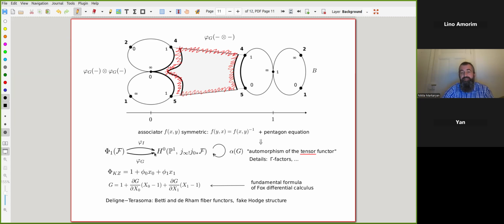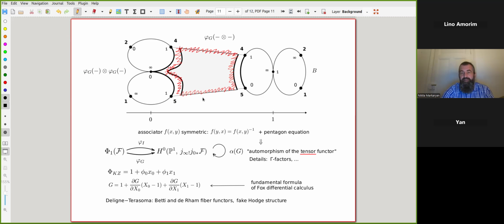And the slogan is that if our path G satisfies the pentagon equation, then these two tensor structures on this functor coincide. In other words, this composition is an automorphism of the tensor functor. That is, it means that this is a group-like element.